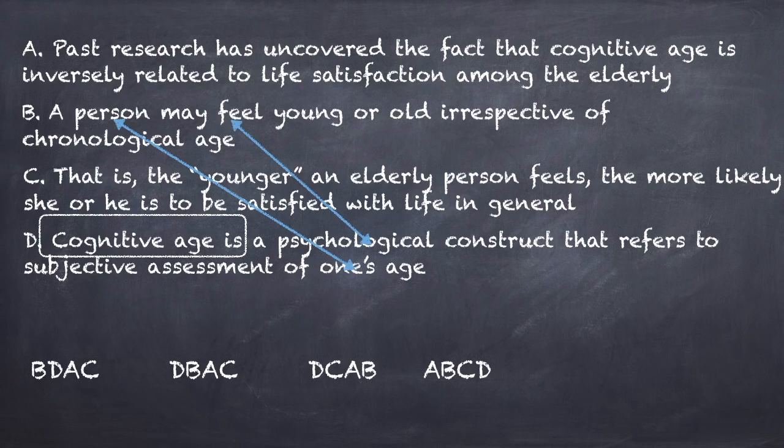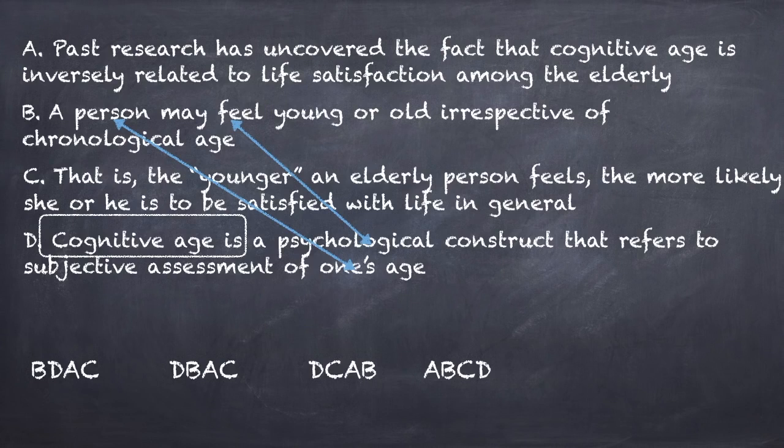So it seems like B is a continuation of D. More detail is being given, right? And psychological means to do with the mind, and there it says may feel, right? So basically I know that D and B are connected to each other, or B should come after D, right?